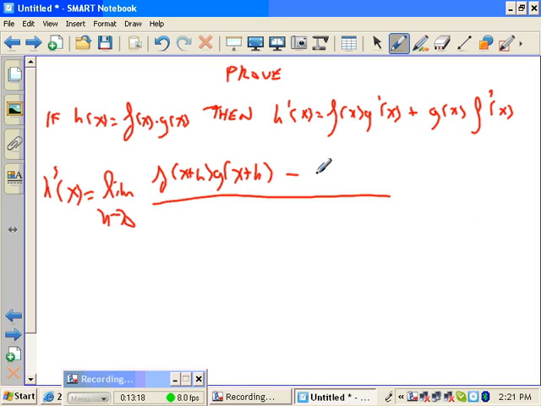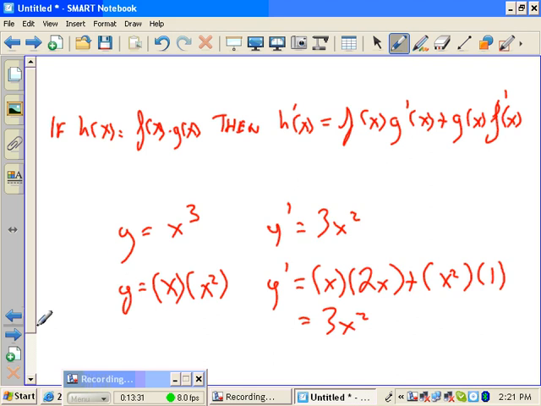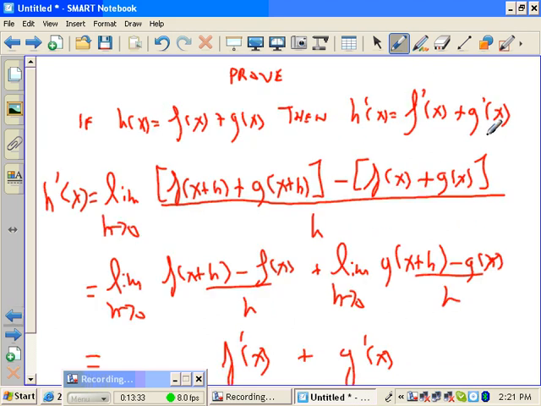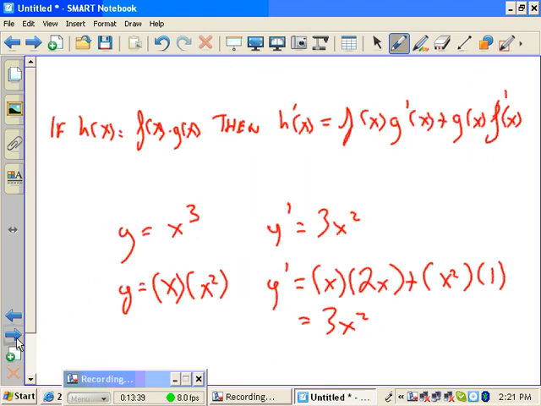Minus, right? F of x times g of x, all over h. Fine. Okay, now this doesn't really look like that. Unlike before, where this looked like this almost instantaneously. It was like one little step and they were the same thing. That's not so obvious here.